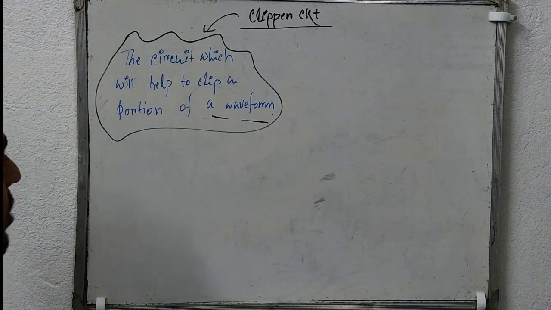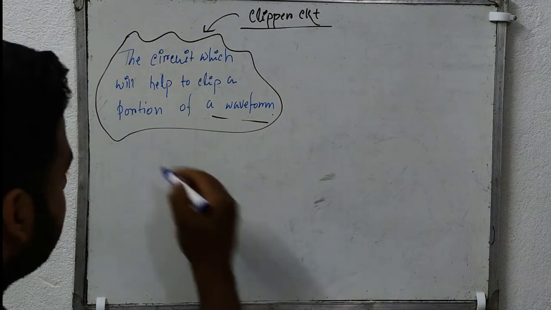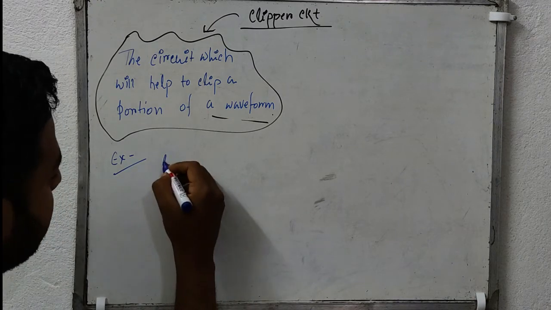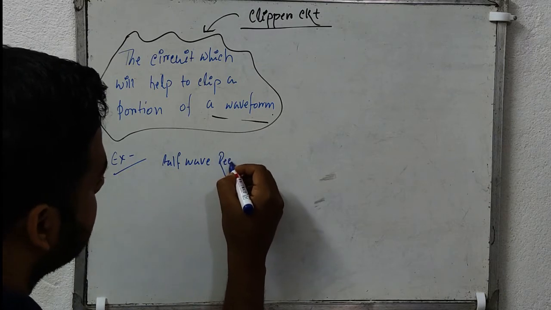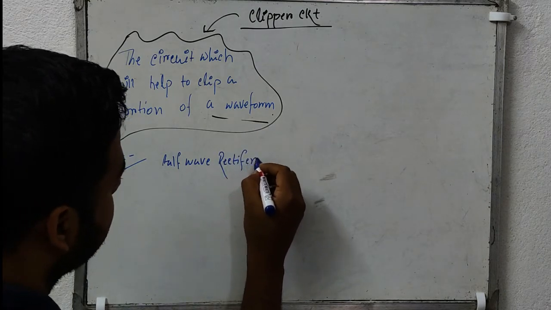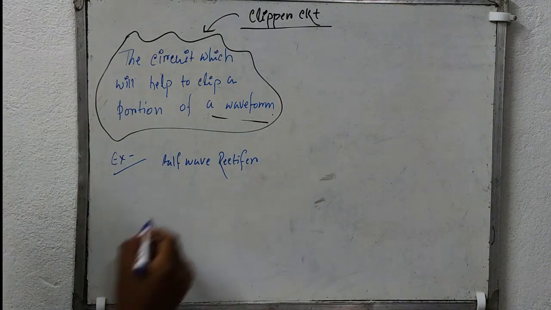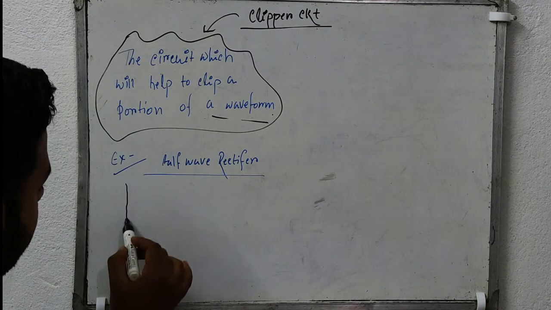Can you tell me an example of a simple clipper circuit that you have read till now? An example of a simple clipper circuit is the half wave rectifier. With a half wave rectifier, you may see that kind of waveform.